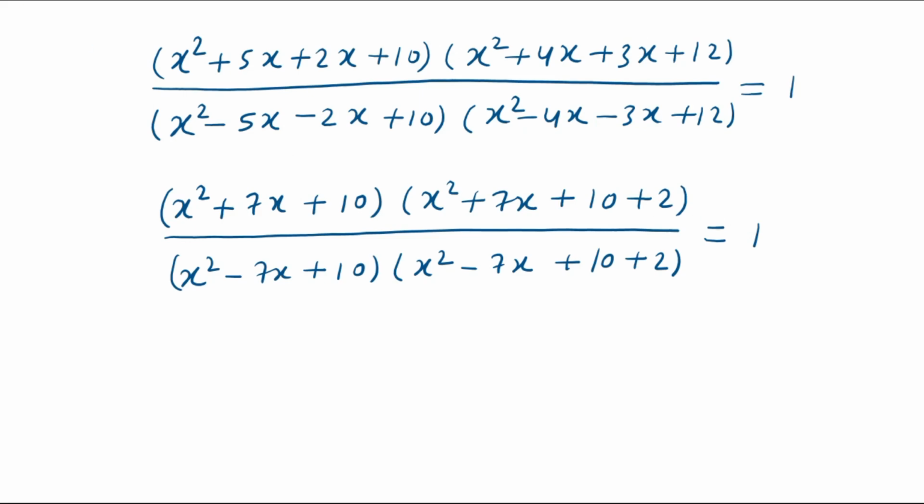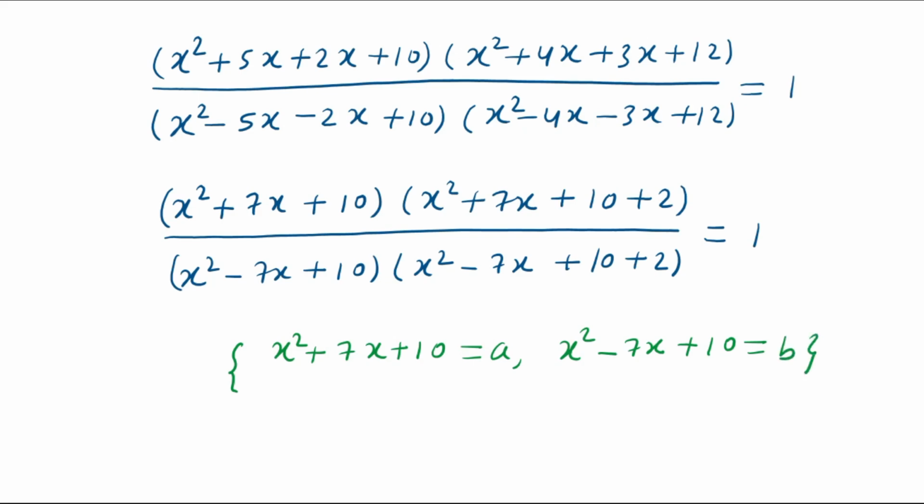Now we will apply substitution, and here if we substitute x square plus 7x plus 10 equal to a, and x square minus 7x plus 10 equal to b.